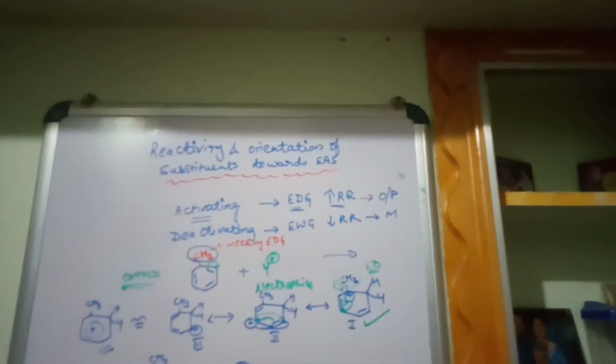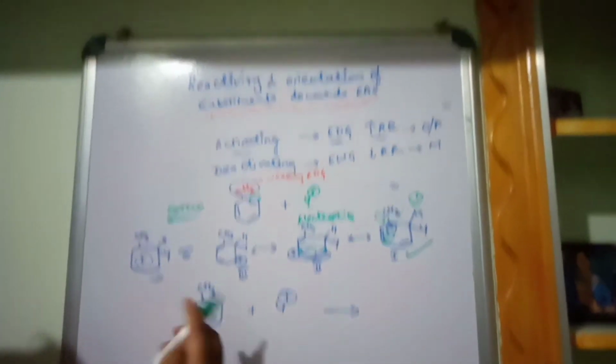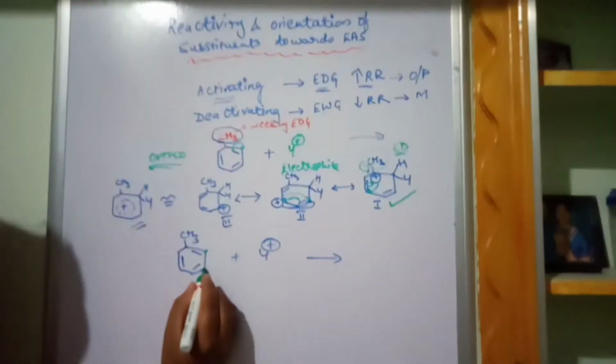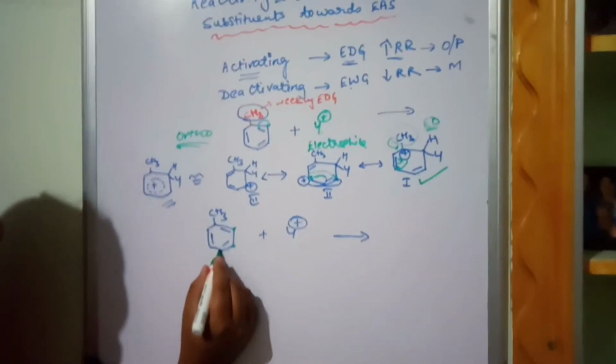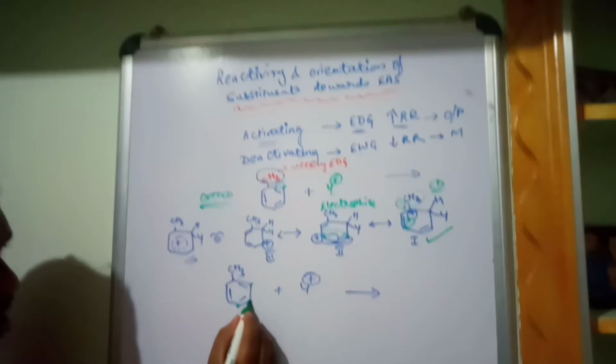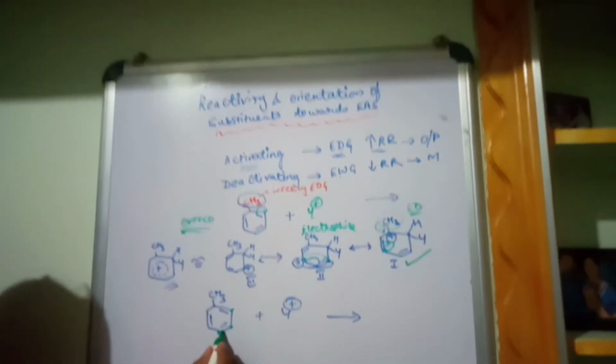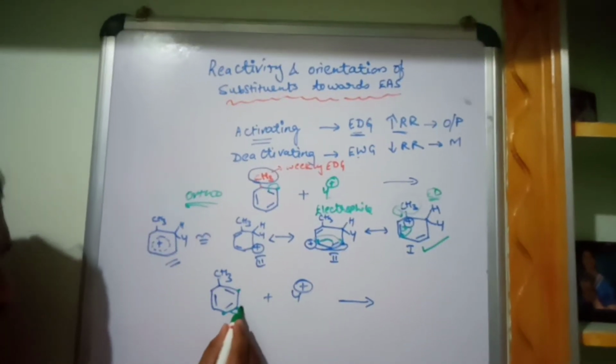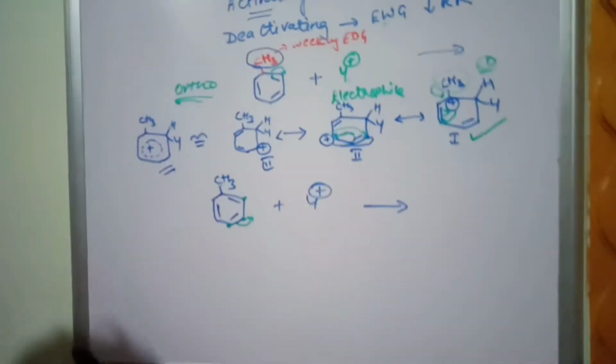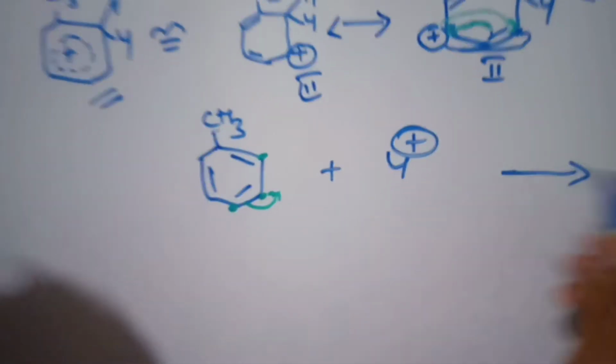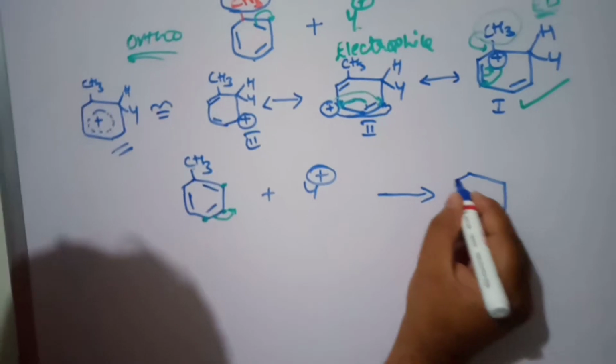Why can't they attack the meta position? So this is the ortho position and we have seen it. Now this is the meta position to this and this is the para position to this. Now we are talking about electrophile attack on the meta position. So when it gives the electrons, what is going to happen? Why will it not direct at the meta position?